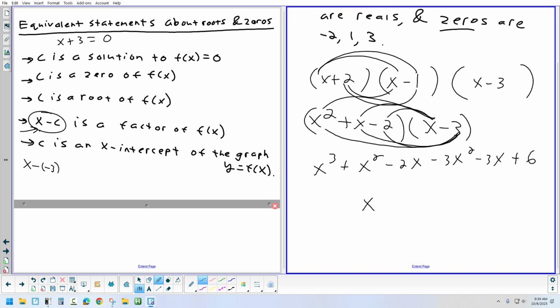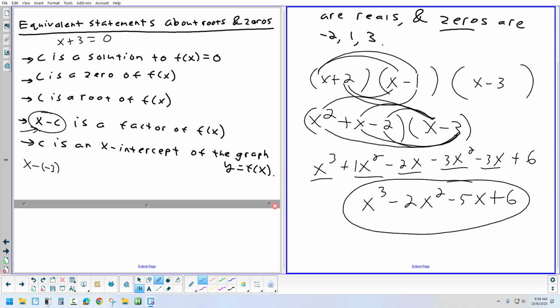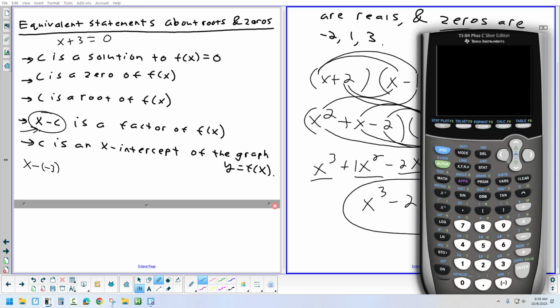So it's x cubed, 1x squared minus 3x squared. That's negative 2x squared. What's negative 2x minus 3x? Negative 5x. Negative 5x plus 6. That's the formula that would cross the x-axis at negative 2, positive 1, and positive 3.